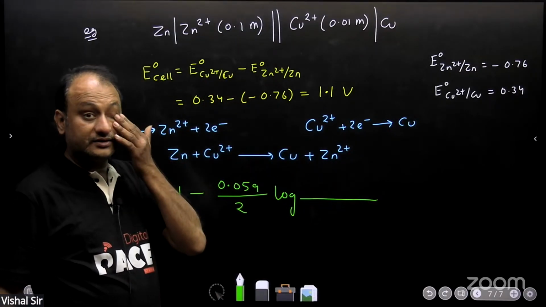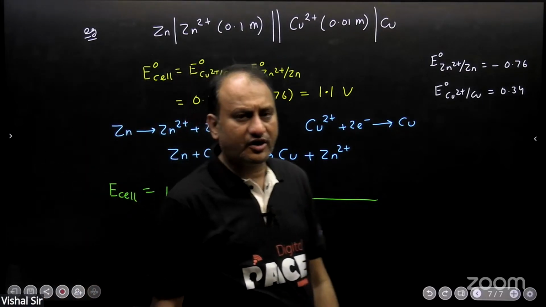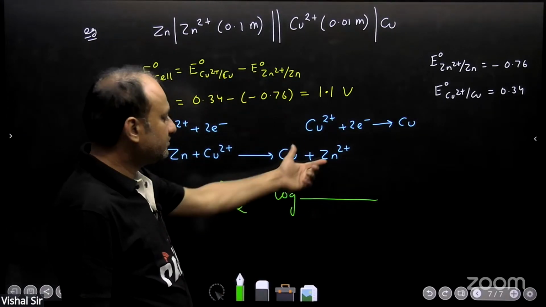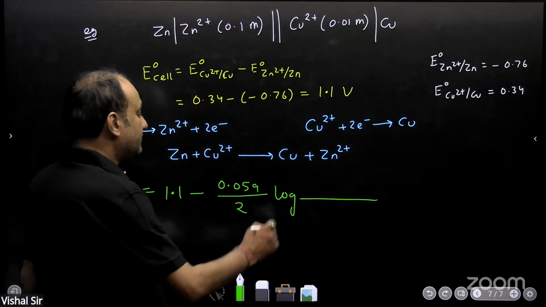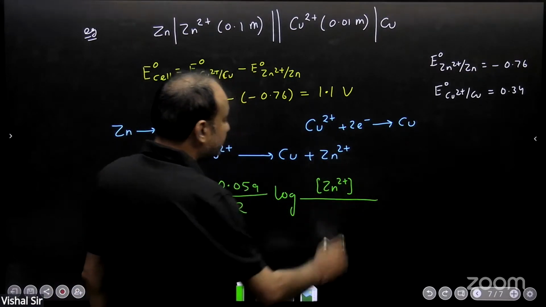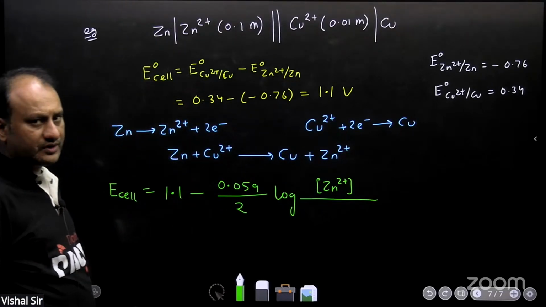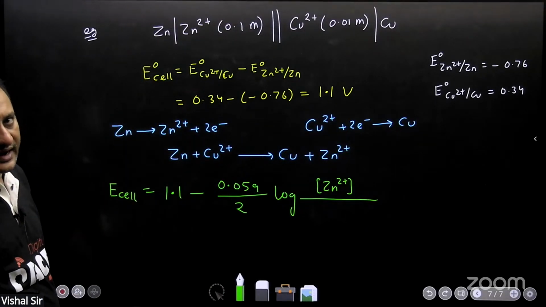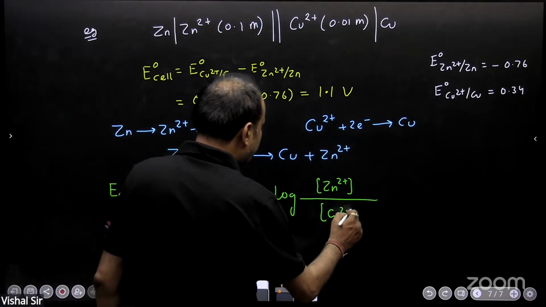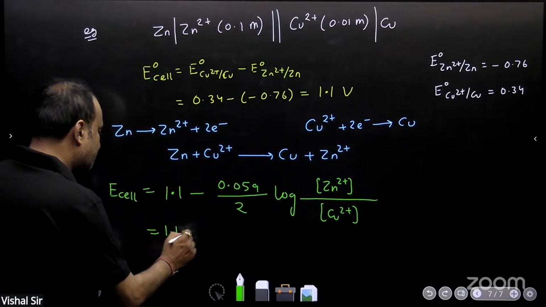First product is solid copper, and we know the active mass of a solid is always taken as 1, so this is not going to come. Next product is zinc ions, so I will write the molarity of zinc ions here. Stoichiometric coefficient is 1. Now the reactant side: solid zinc, active mass 1. Copper ions, we put the molarity of copper.